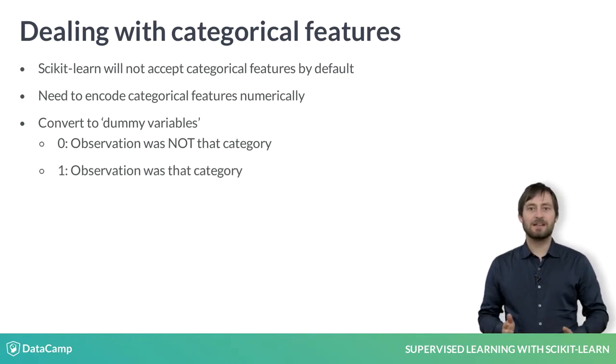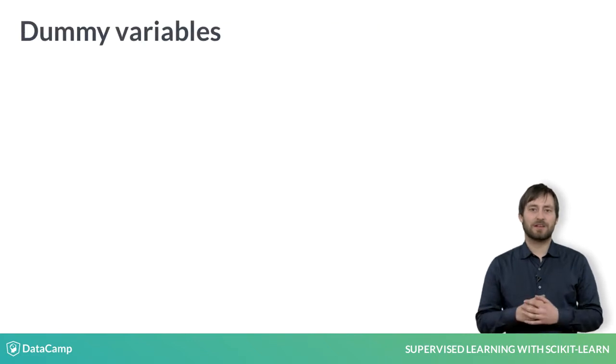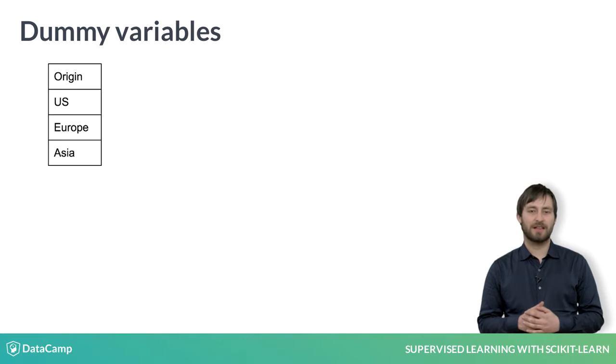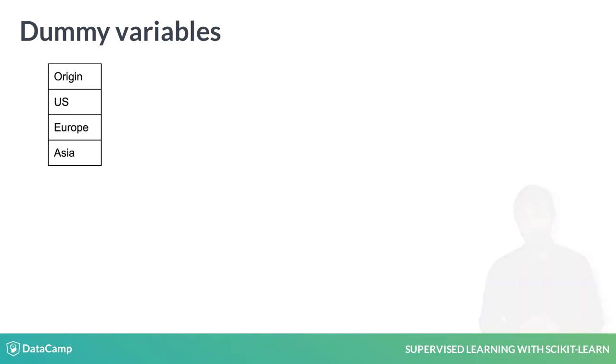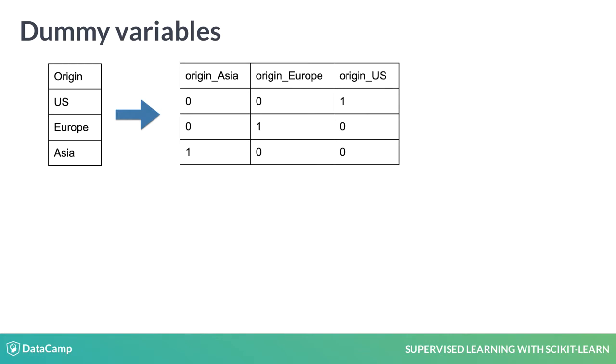For example, say that we are dealing with a car data set that has an origin feature with 3 possible values: US, Asia, and Europe. We create binary features for each of the origins, as each car is made in exactly one country. Each row in the data set will have 1 in exactly one of the 3 columns, and zeros in the other 2.